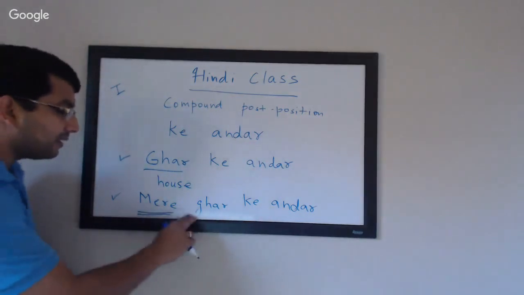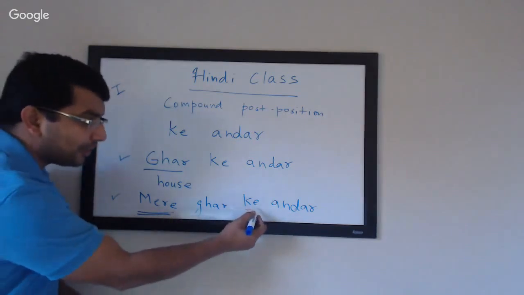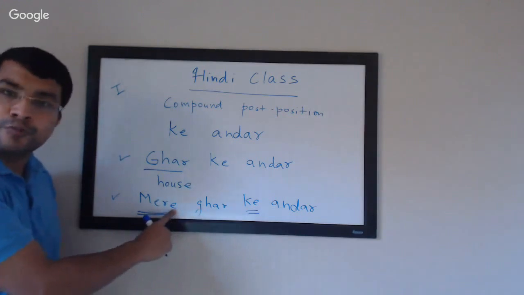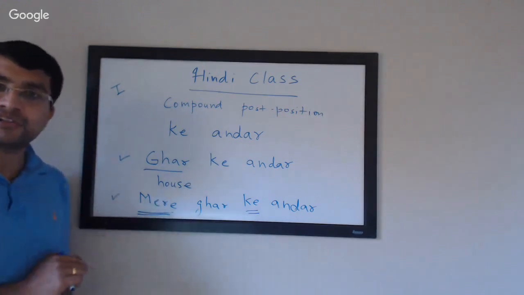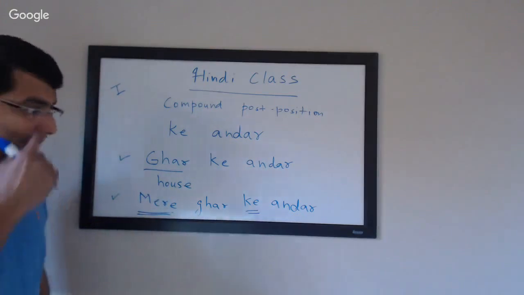Mera ghar was one thing if you just say my house, but because you have a compound postposition, mera changes to mere, if you remember. It's an oblique case of mera. So when you say mere ghar ke andar, that means inside my house.